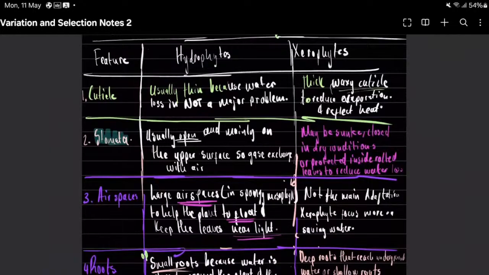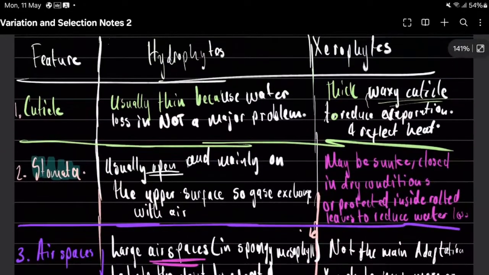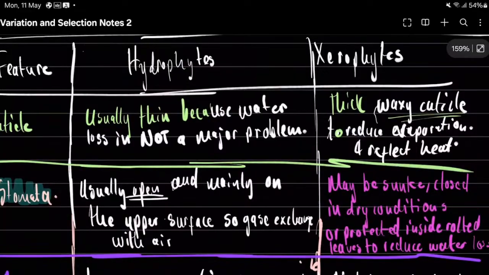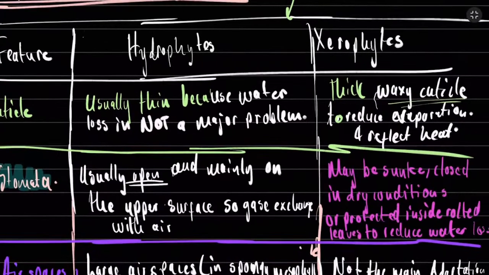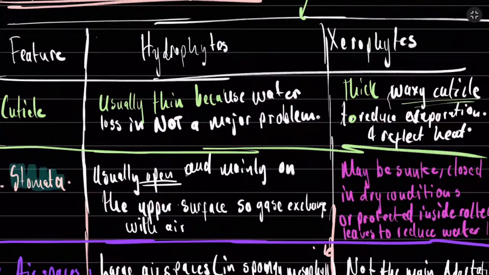When we want hydrophytes, hydro is water. So anything that is going to be called a hydrophyte, it is a plant which is suited for conditions that have a lot of water. When we say a xerophyte, it is suited for dry conditions. Now, if we have a xerophyte, all it is concerned about is I mustn't lose water. So it's going to have a thick waxy cuticle to slow down evaporation.